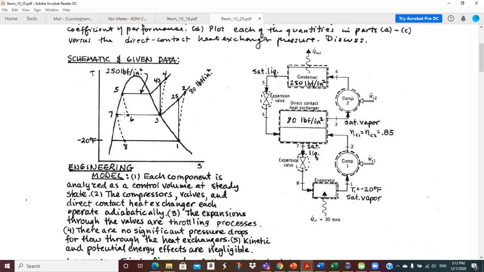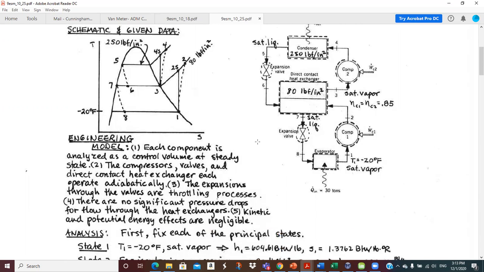And so we get some vapor, and the rest is liquid at 80 psia. And then, like we've already said, the liquid falls at the bottom at 7 and goes through another expansion valve to 8, which again is a 2-phase mixture. More liquid, but there is some vapor in it at 8, and then that goes in the evaporator and gets evaporated to get us back to 1. So pretty interesting cycle, I guess.